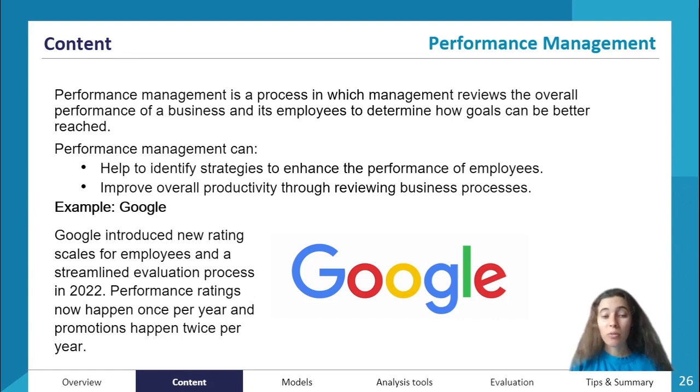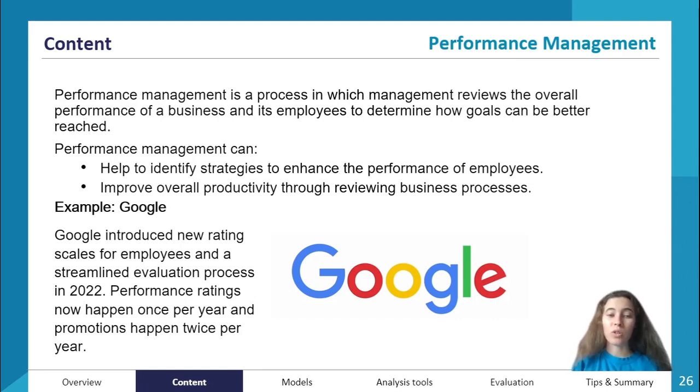So, an example is Google. So, Google introduced a new rating system for employees in 2022 and streamlined its evaluation process as well. So, like most businesses, you're going to have some kind of process where your business is going to look at the way that employees are performing to make sure that they're delivering the best services or creating the best products.